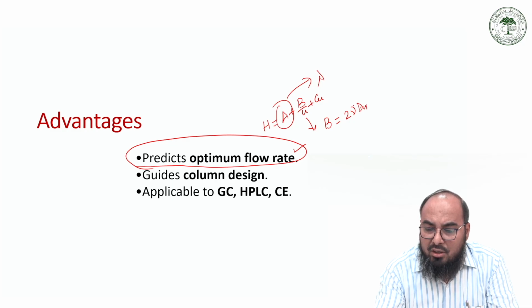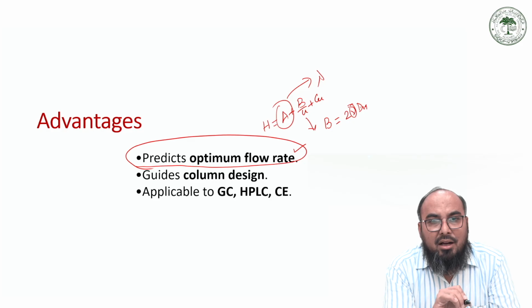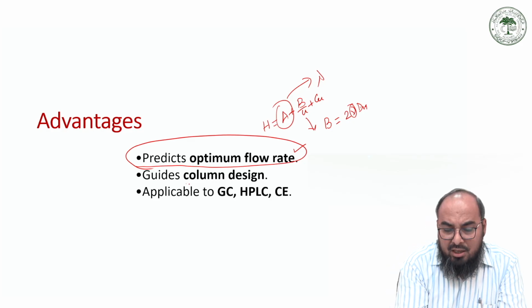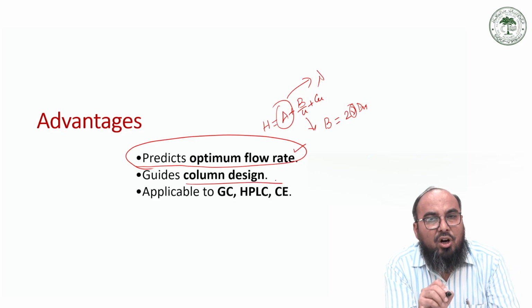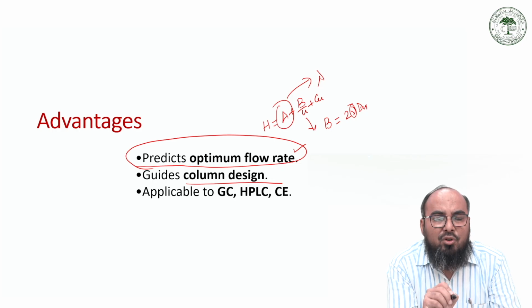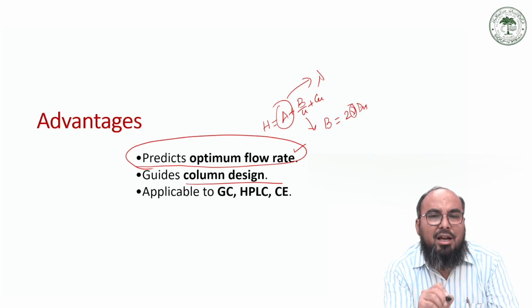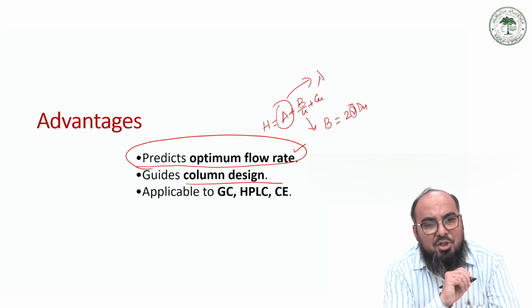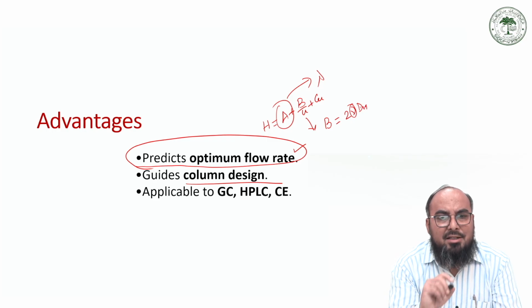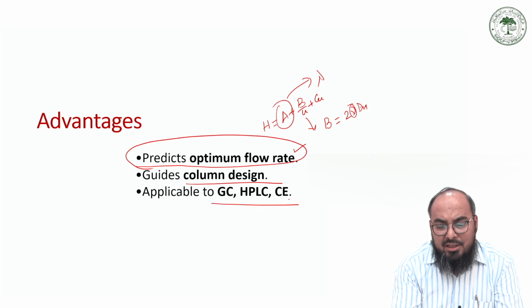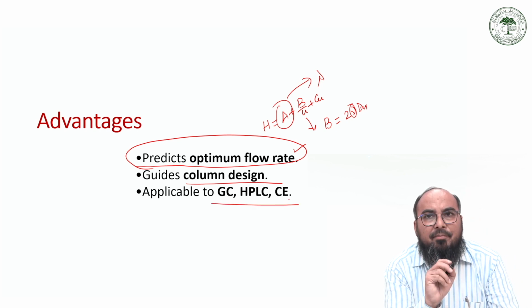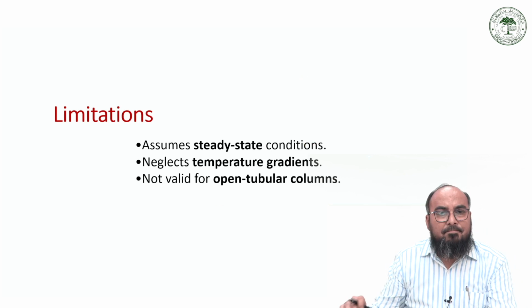Okay, so these parameters, the lambda and gamma, tell you about the column design, which type of column you have to have, so that you can have an effective separation, so that you can have a very good column efficiency. Now these are very useful advantages in cases of GC, HPLC and CE also. Okay, so let's move forward.